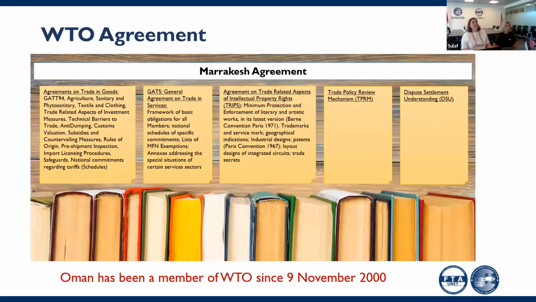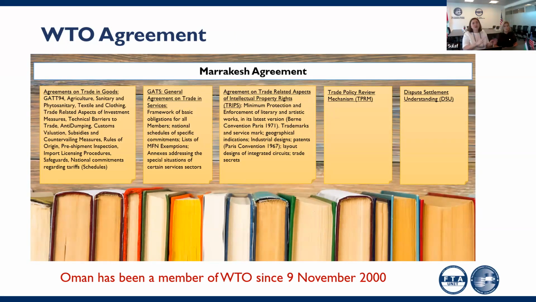So let's start with the WTO. Of course, Oman joined the WTO in 2000. The WTO brings together over 163 members that are countries or territories, separate customs territories.